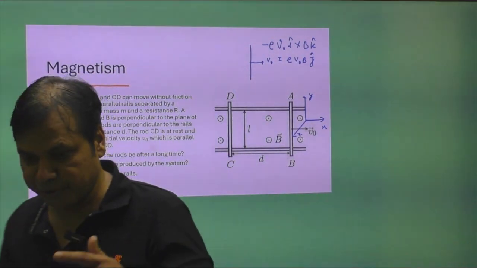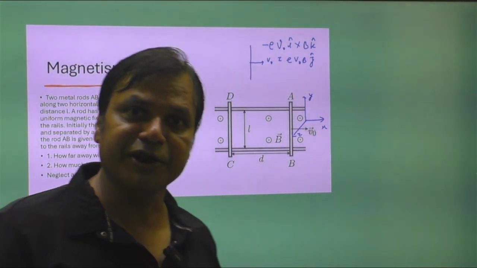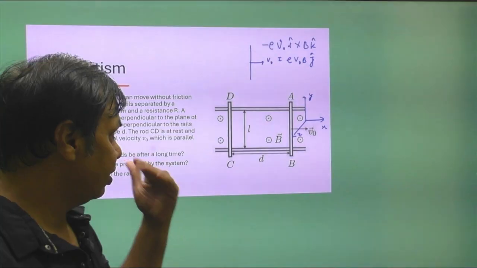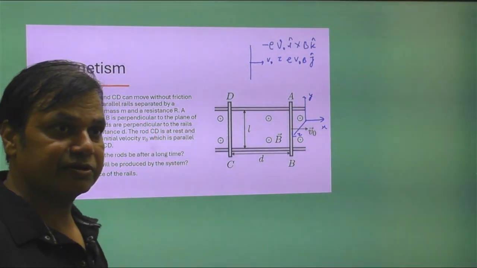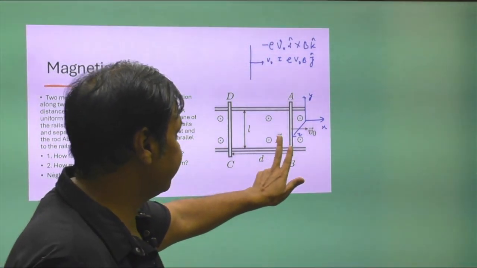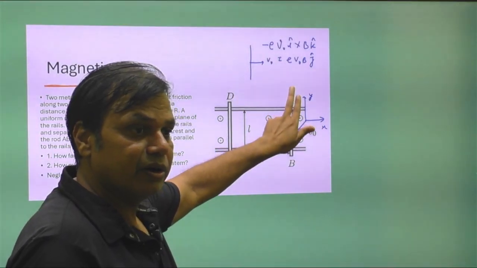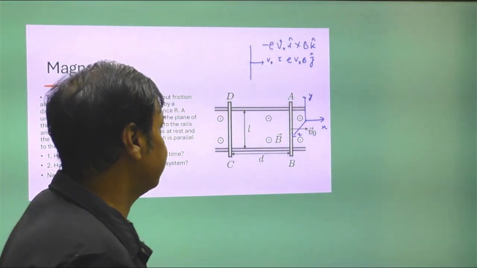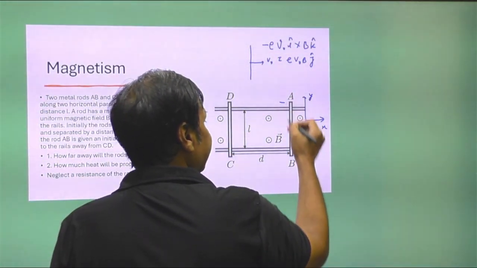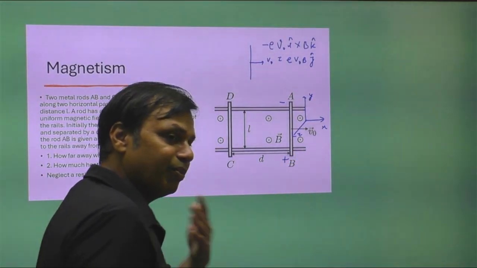So a force of e V0 B is going to be experienced by an individual electron along the z-axis. That means it will start drifting towards end A. So this end will become negative and this end will become positive.